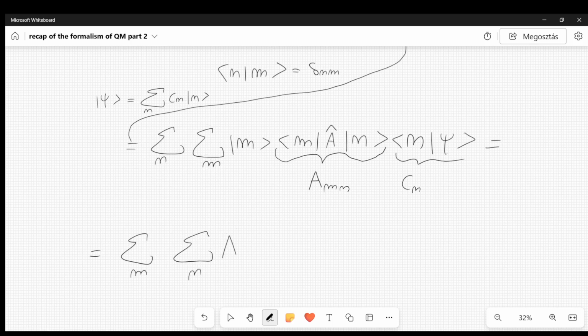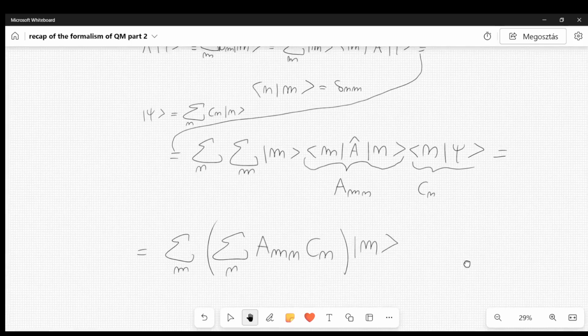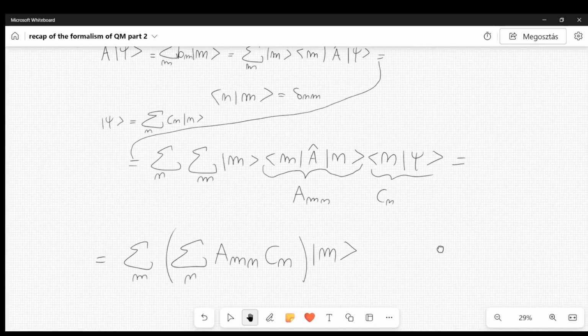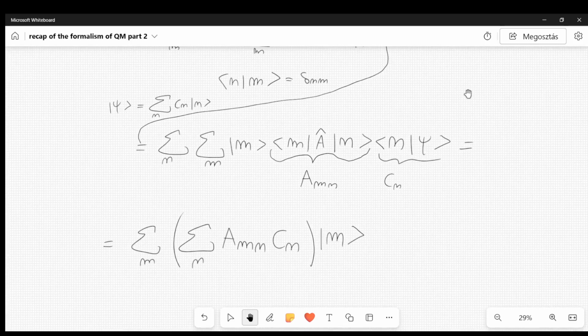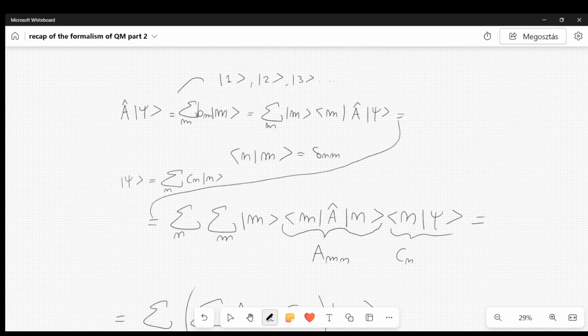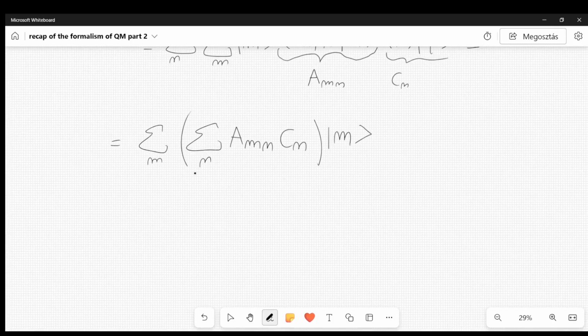Then I have A m n C sub n, and then I have the vector, if you want, we can call it the ket vector M, or the state M, and if we compare this formula with this one, because they are equal, you can see that this expression is equal to B sub M.